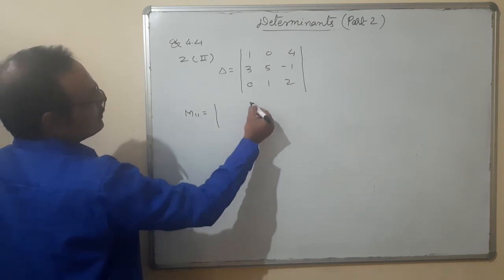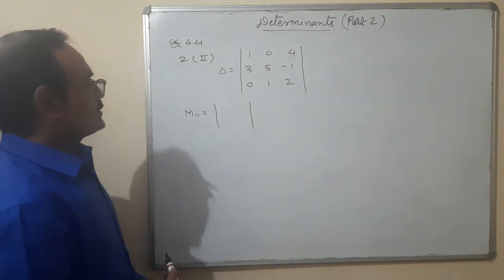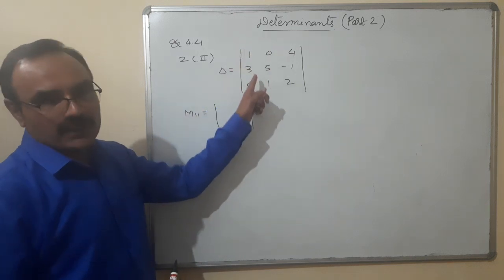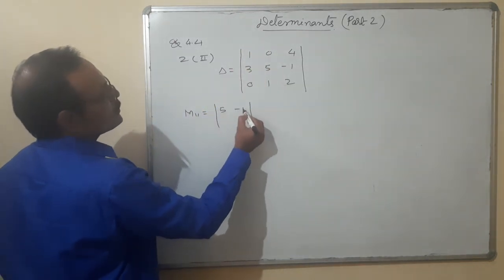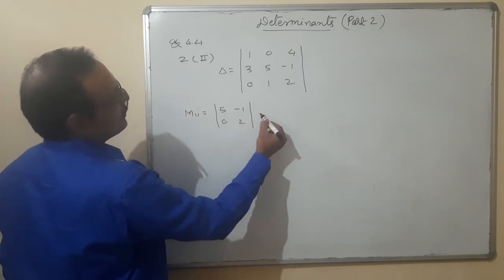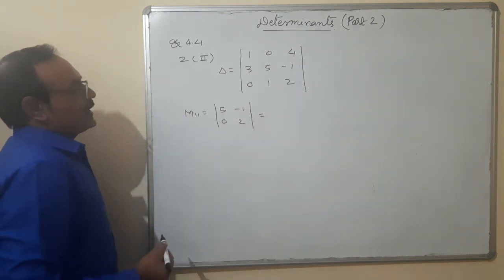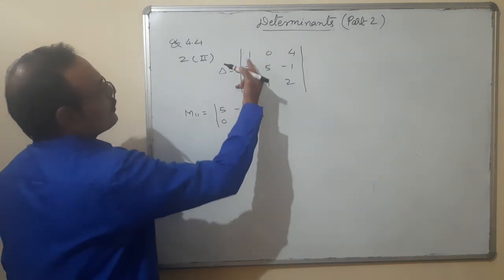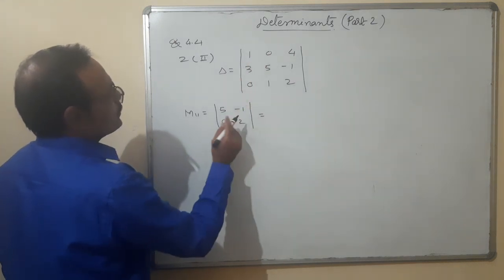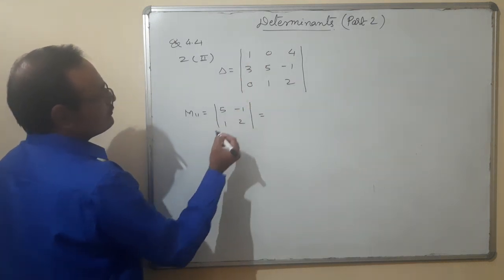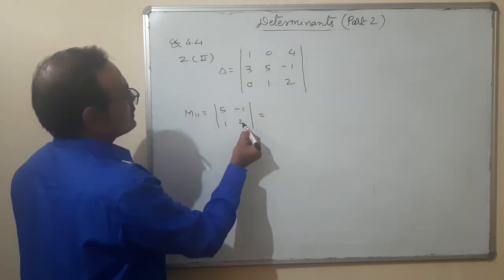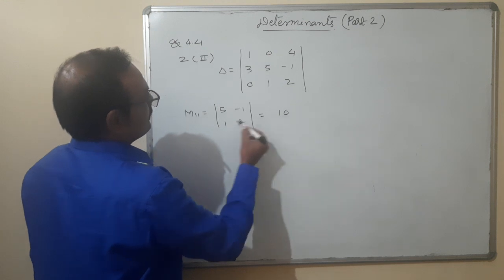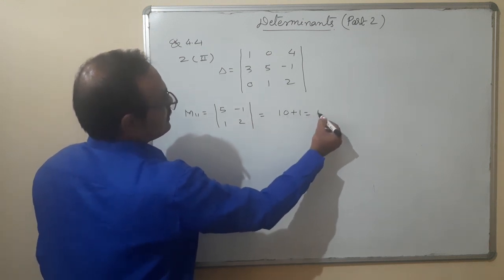What is the rule? Our rule is leaving the first row and first column. It is coming 5 minus 1, 1 and 2. So the minor is 5 twos are 10 plus 1, it is 11.